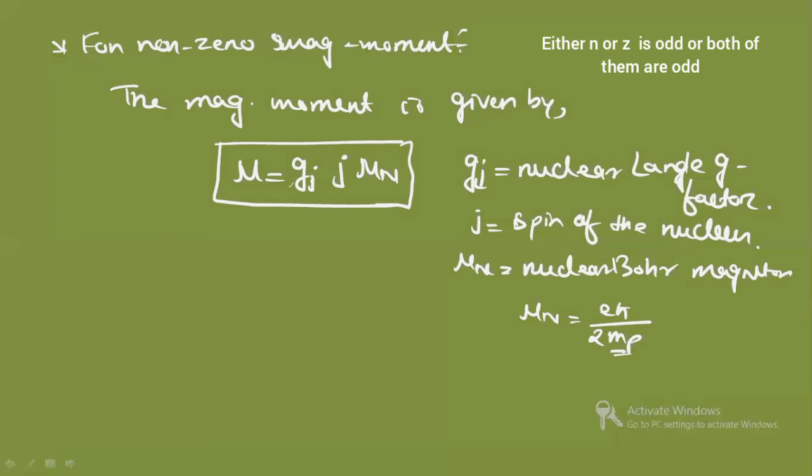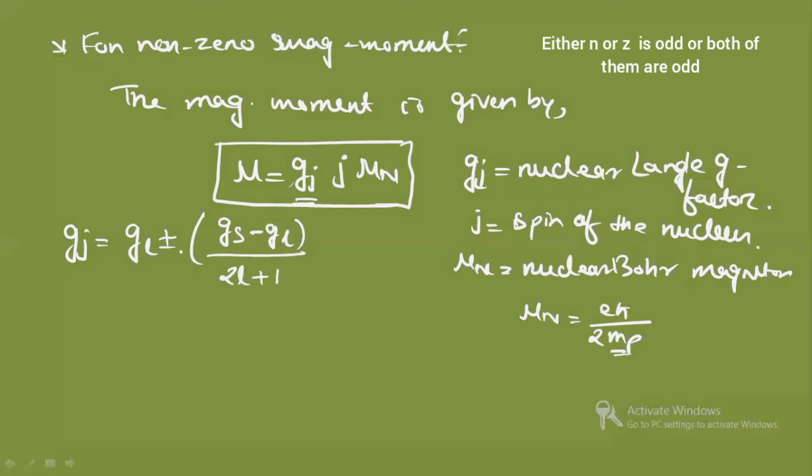Now, what will be the value of G_J? You can write G_J equals G_L plus or minus (G_S minus G_L) divided by (2L plus 1).